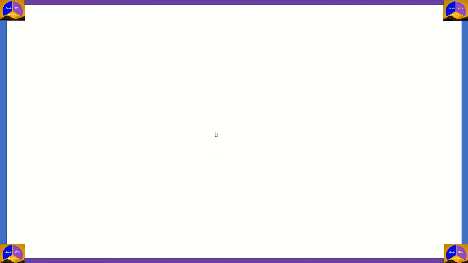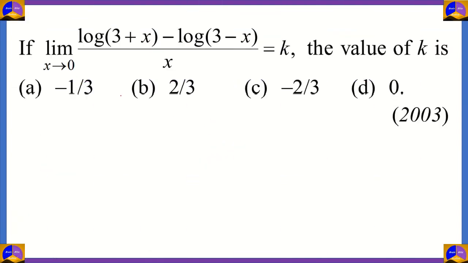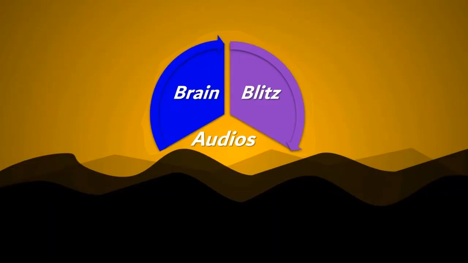That is the correct answer, and among the following options, the correct option is option B, 2 by 3. That is the answer to this question asked in 2003. The simple thing was to convert the limit in terms of limit x tends to 0, log 1 plus x divided by x. In that form, you can easily reduce it to 1, and then any other values can be computed henceforth to get k. So that concludes this episode of JEE Main.